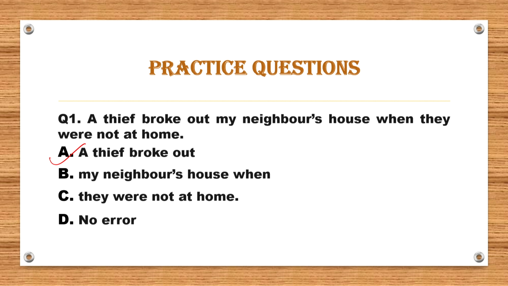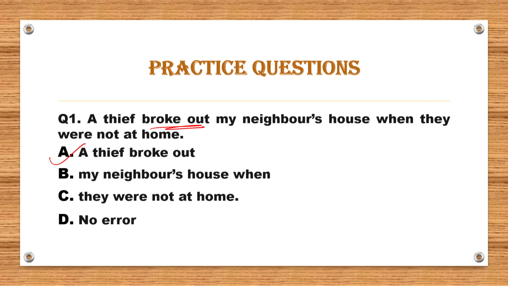The phrasal verb break out means to start suddenly, generally used for war, fighting, disease, and so on. For instance, dengue has broken out in Rajasthan. But the given sentence implies that the thief entered the neighbor's house forcefully.